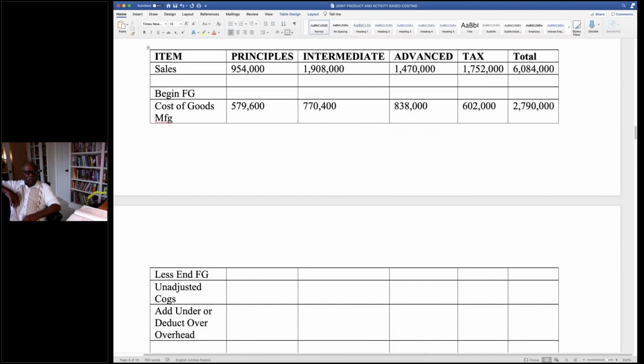So our less ending finished goods was 96,600. 128,400. 314. 4,250.